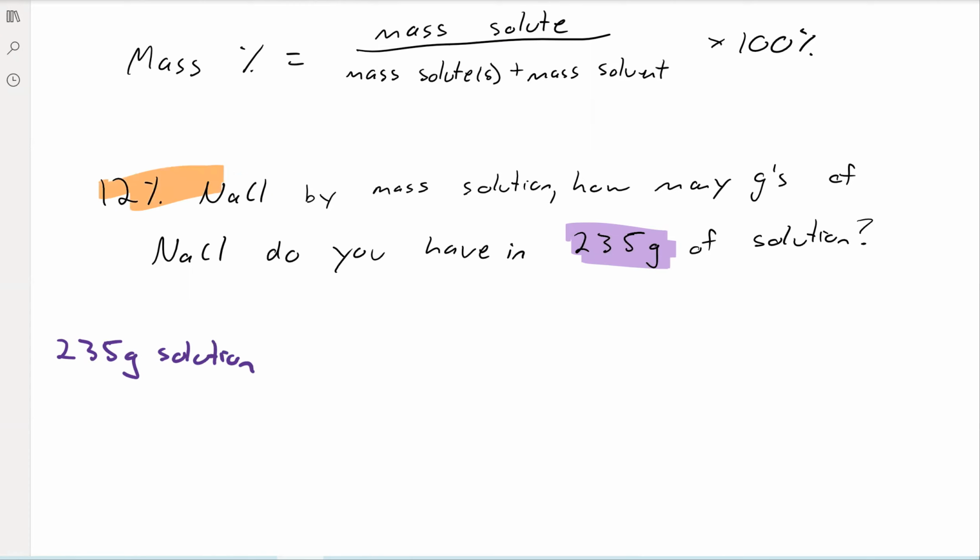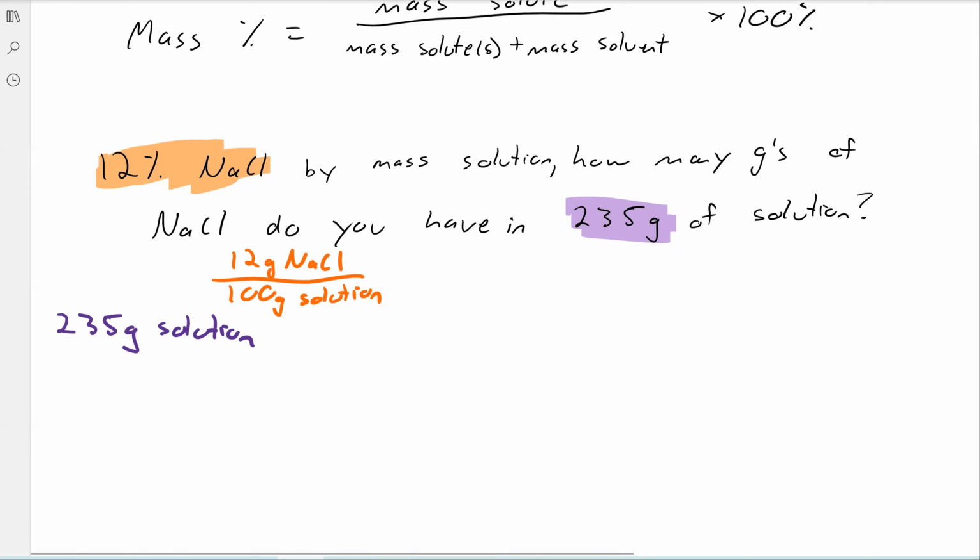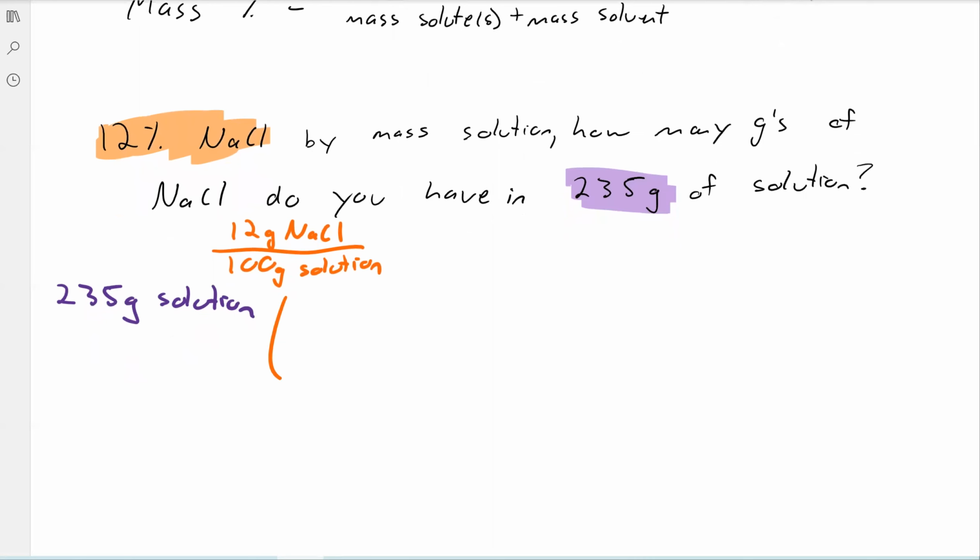And then we want to think about this 12% NaCl and how we can write that out. Since it's 12%, we can just write 12 over 100. So you can write that as 12 grams of NaCl over 100 grams of solution, right? If you take 12 divided by 100, that is 12%. The percentage is just a ratio, and generally you just put it over 100 to make things easier.